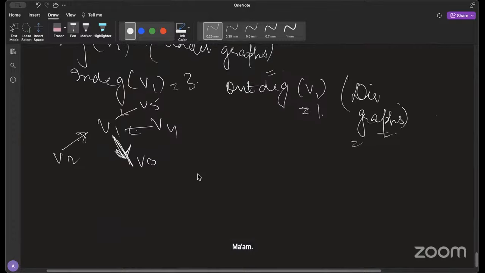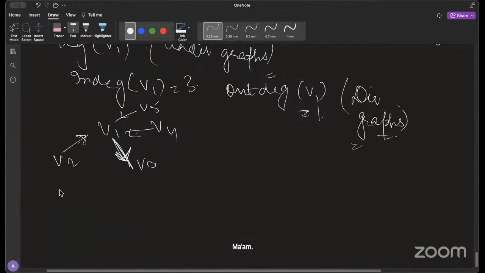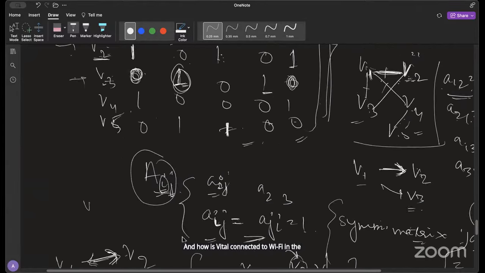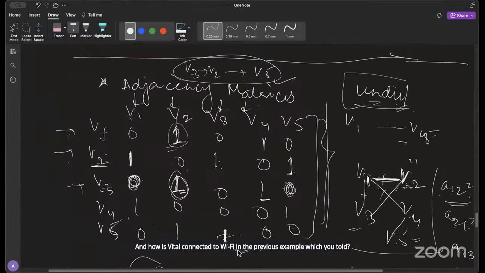Ma'am, how is V2 connected to V5 in the previous example which you told? I have a doubt in the undirected graph.